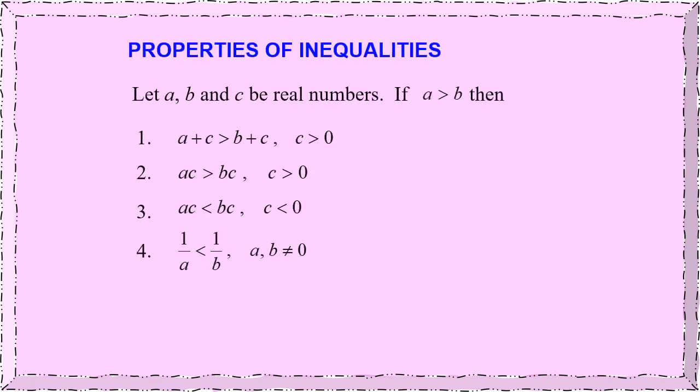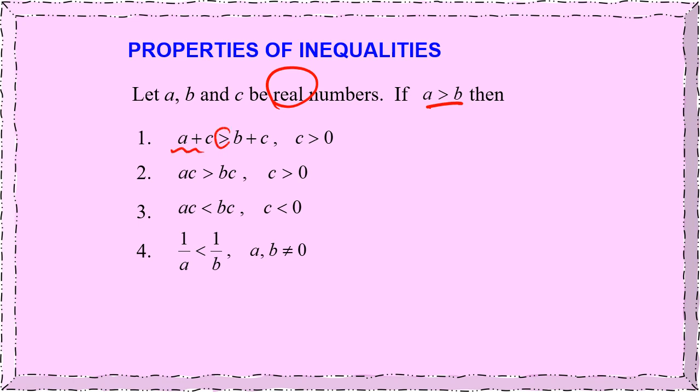Properties of inequality. This is the second learning outcome for today. Let A, B and C be real numbers. If A is more than B, then A plus C is always more than B plus C. Why?